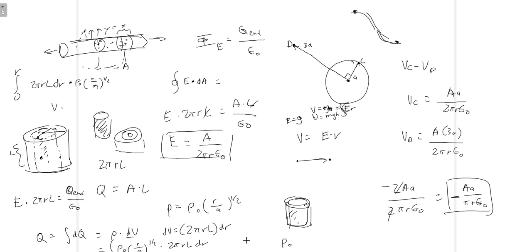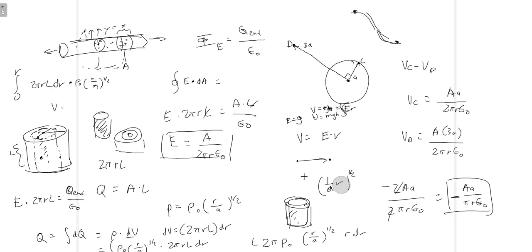We can pull the constants out. So this is rho naught over a to the 1/2, 2 pi, we can pull out L, and we can pull out r dr. Let's see, this is the same thing as this, so 1 over a to the 1/2 times r to the 1/2.